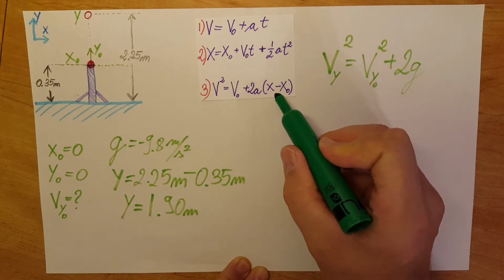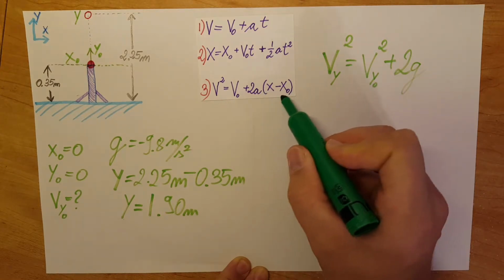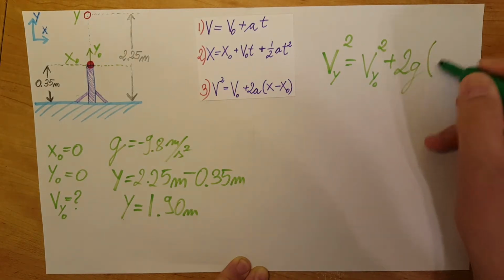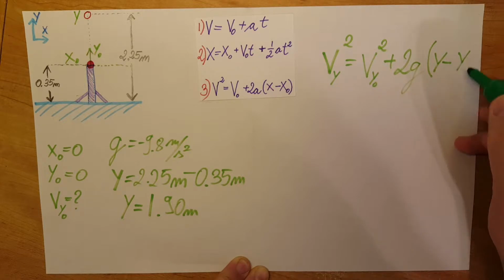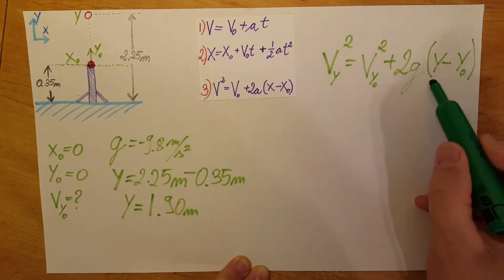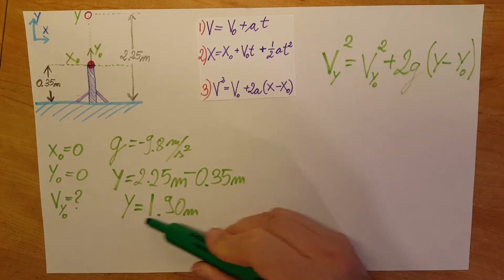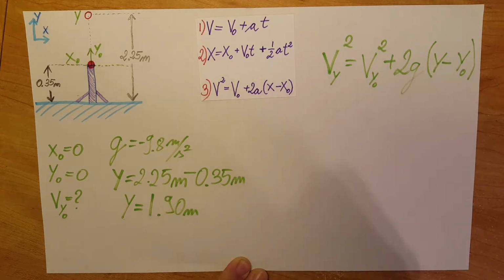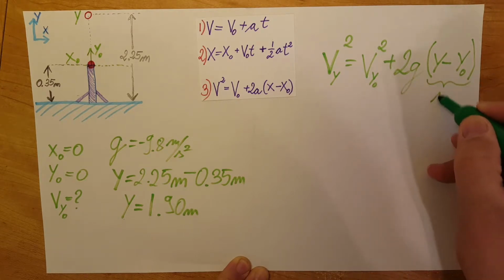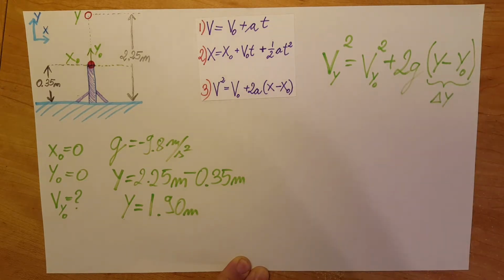Here it is the difference in x, but we are working in the y, so we can just put y minus y0. And this delta y for us will be the y that we found here. We can also put delta y in the difference in the y.